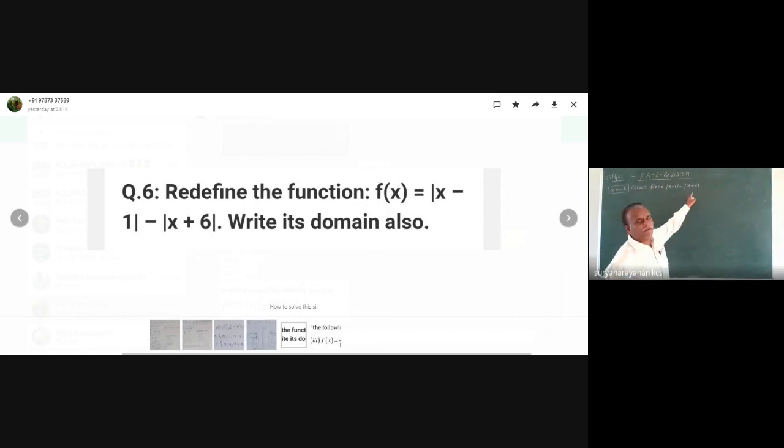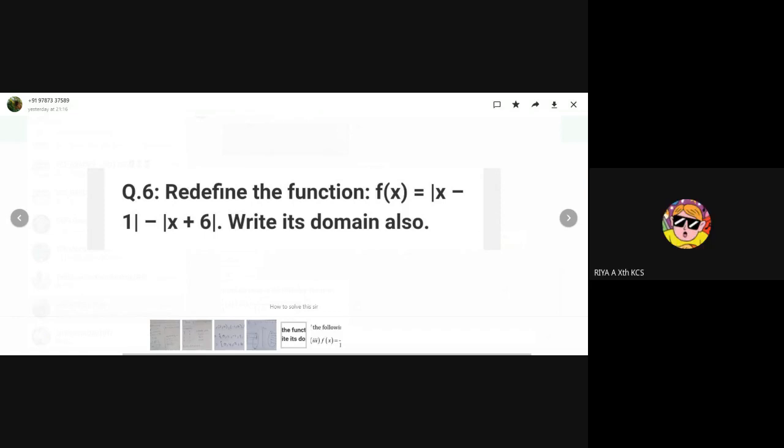Now let us redefine. In this modulus symbol, what is the function here? Within the modulus symbol, what is there? x minus 1.